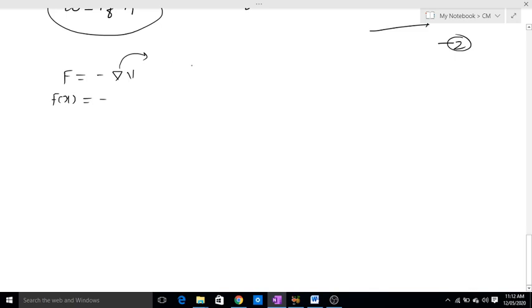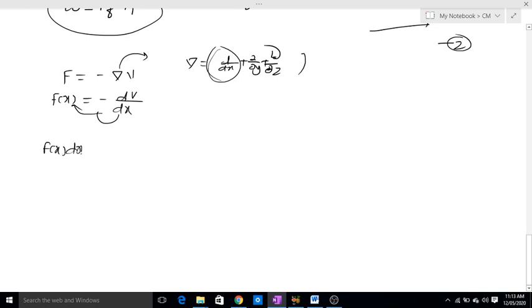Now this is the del operator, d by dx plus dou by dou y plus dou by dou z, but here the force only depends on x, that's why we are taking only this dV by dx. Shift this dx here: f of x into dx equals minus of dV. I'm taking integration, this becomes work done.